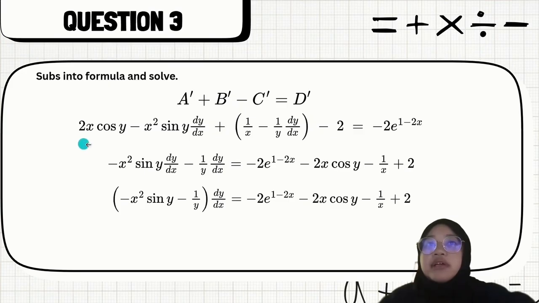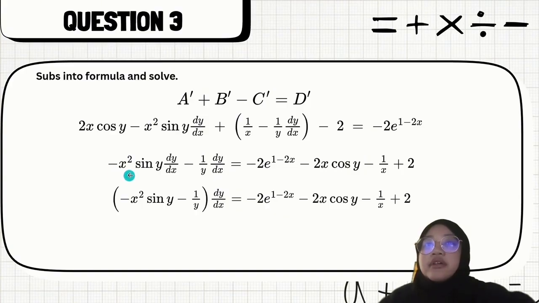And we will collect all the dy/dx into one side. We get negative x squared sin y dy/dx minus 1 over y dy/dx equal to negative 2 e to the power of 1 minus 2x minus 2x cos y minus 1 over x plus 2.